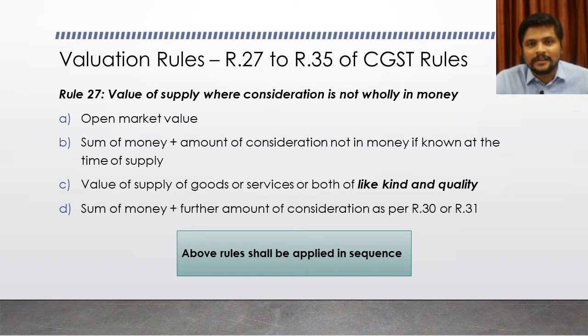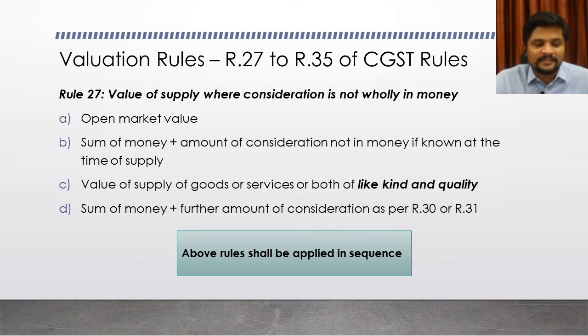If any one of these conditions is violated, then subsection 1 will not become applicable on that particular transaction. If subsection 1 fails, we will have to refer to subsection 4. Subsection 4 refers to rules. So we will have to do the valuation based on any of these rules, which we are going to see now. Okay, so let us now start with rule number 27.